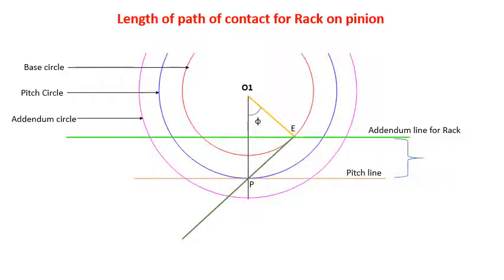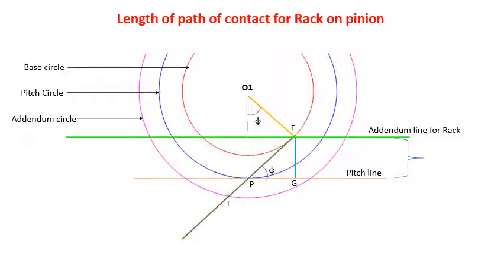This is the pitch point where the pitch line and pitch circle intersect, and it makes an angle phi with respect to the tangent line. Let me draw the vertical line from point E till it touches the pitch line, and I will call this point G.